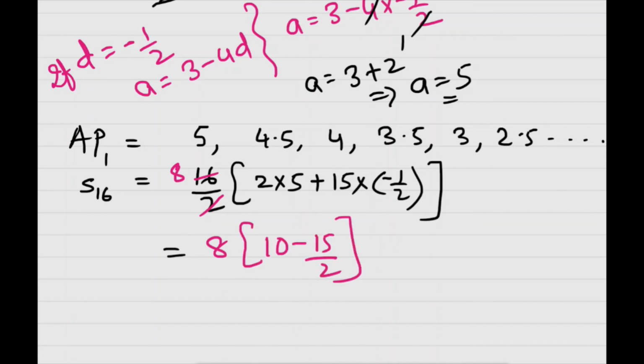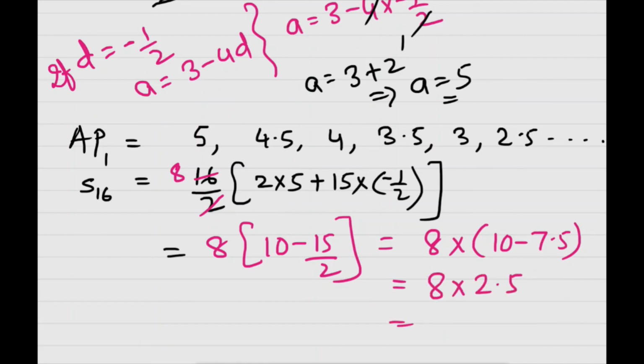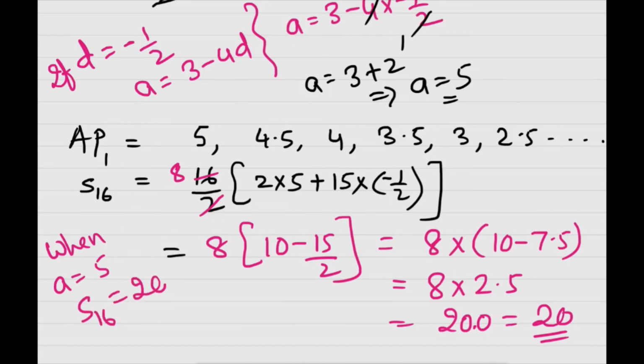Now 15 by 2 is equal to 7.5. So 10 minus 7.5. So that will be 8 into 2.5. So 25 8s are 200. So you put a point here. So your answer is 20. Okay. So when A is equal to 5, S16 is equal to 20.